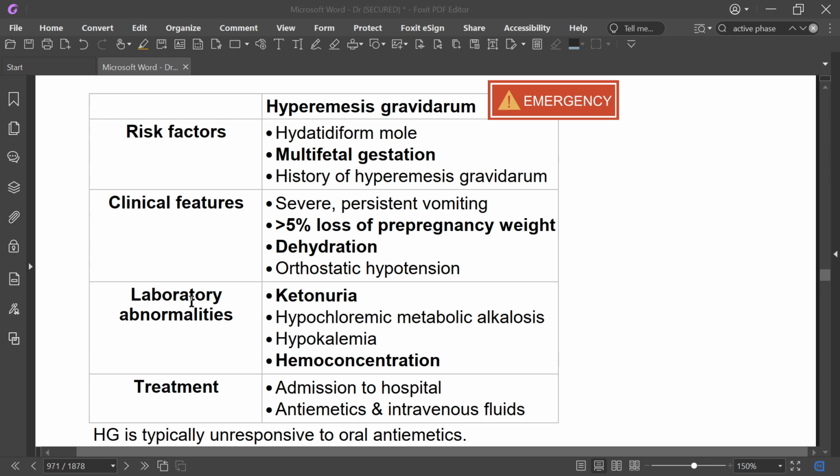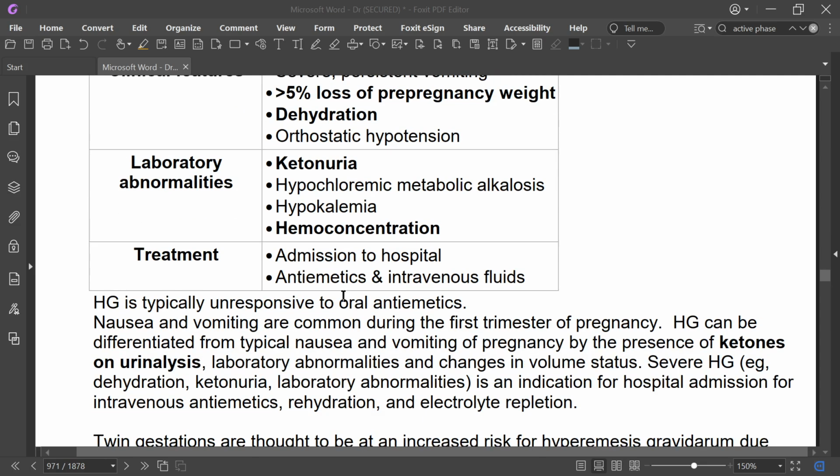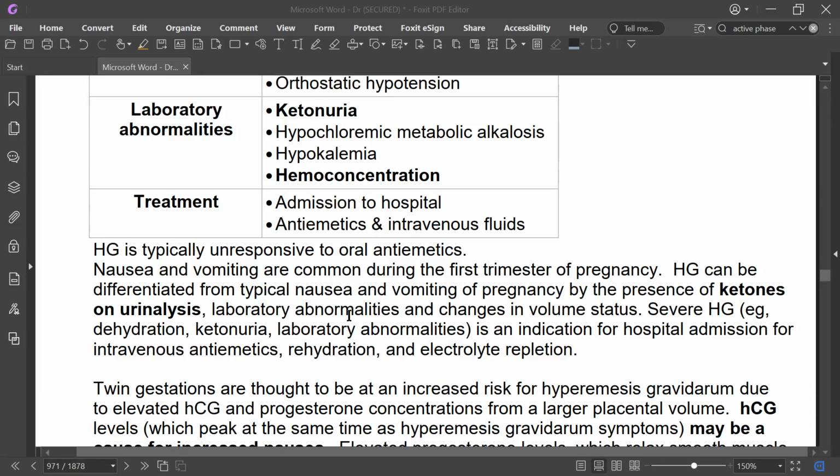Severe persistent vomiting, more than 5% loss of pre-pregnancy weight, dehydration, orthostatic hypotension. Labs show ketonuria, hypokalemic metabolic alkalosis, hypokalemia, and hemoconcentration. Admit to the hospital, antiemetics, and IV fluid.